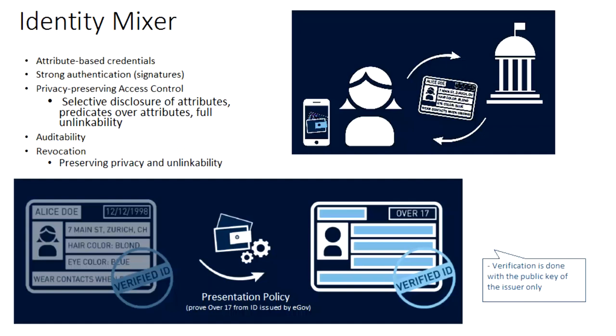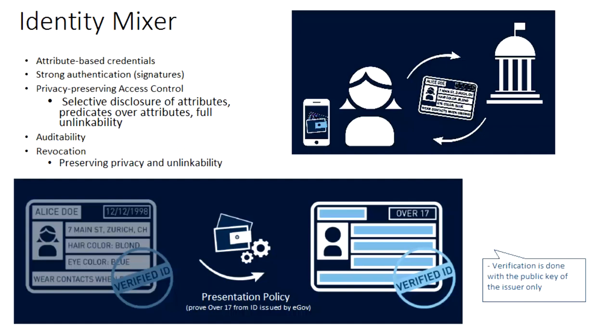First things first, you probably all know what Identity Mixer is. It's attribute-based credentials, very similar to X509 certificates. You get a set of attributes certified by the CA. The main difference between X509 and Idemix is that you don't attach the certificate when you sign something with the corresponding key, but rather you generate a zero-knowledge proof of possession of the certificate.